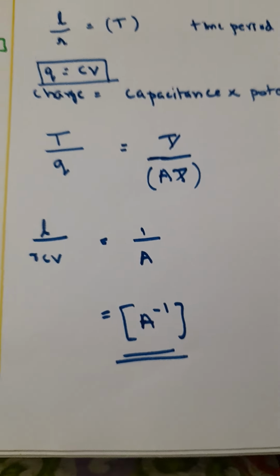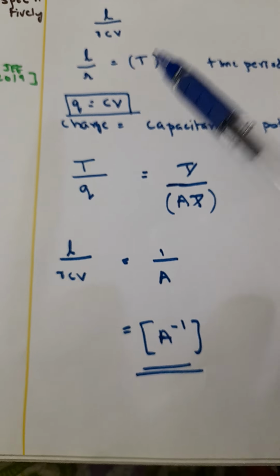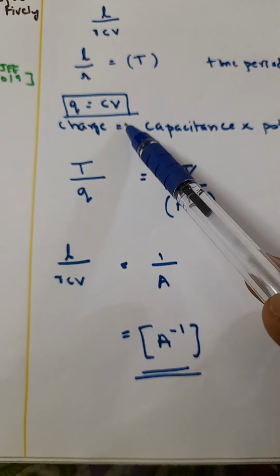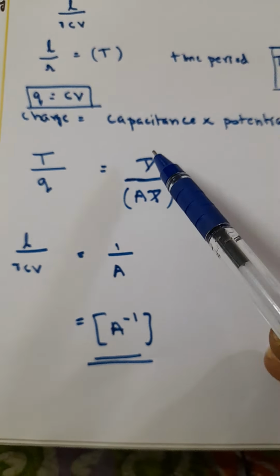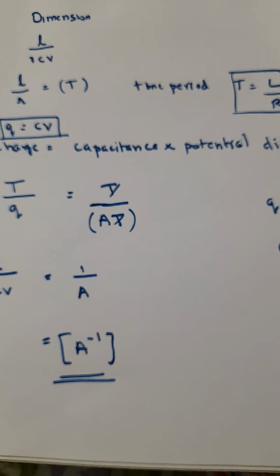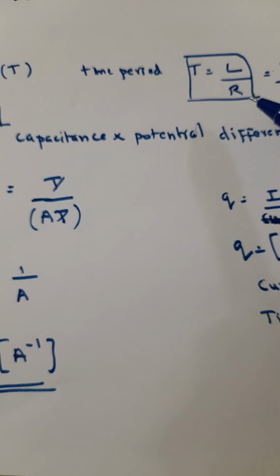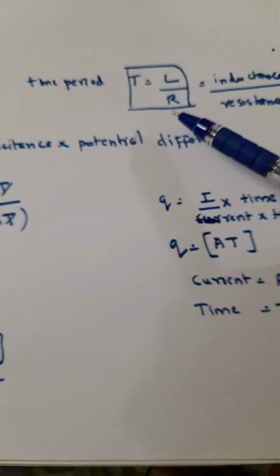Now there is another formula like Q is equal to CV, that is, charge is equal to capacitance into potential difference. So we are mainly depending on two formulas here. The first one is time period, T is equal to L by R, that is inductance by resistance.